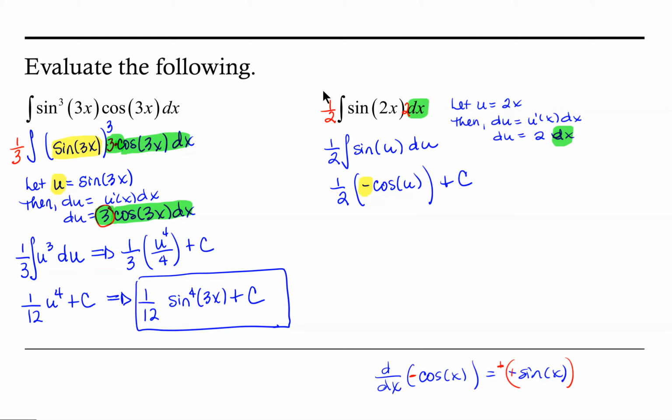Sometimes this negative sign can be a little confusing when you're integrating. But nevertheless, we end up with 1/2 negative, u was equal to 2x, so cosine of 2x plus c.